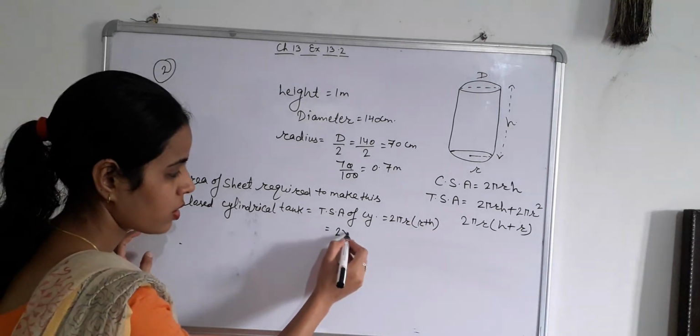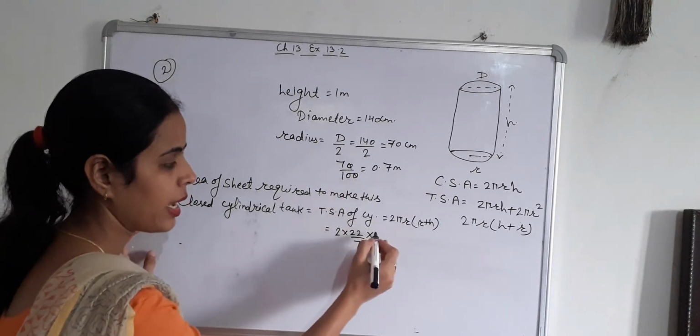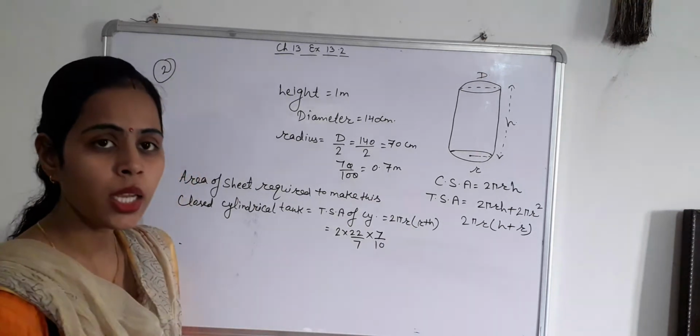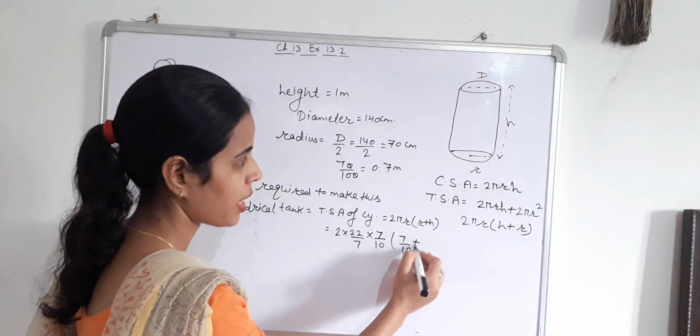This will be equal to 2 into pi, 22 by 7, into r. Here r is 0.7, you can write as 7 by 10, r is 7 by 10 plus h.